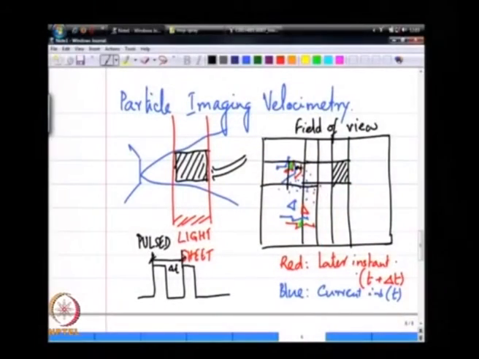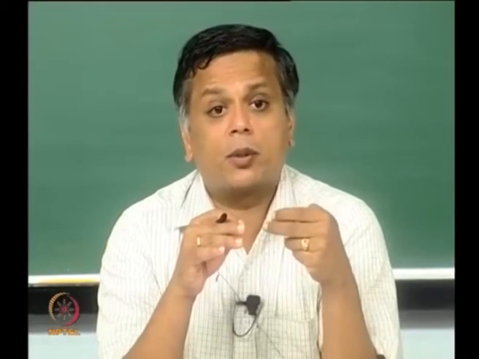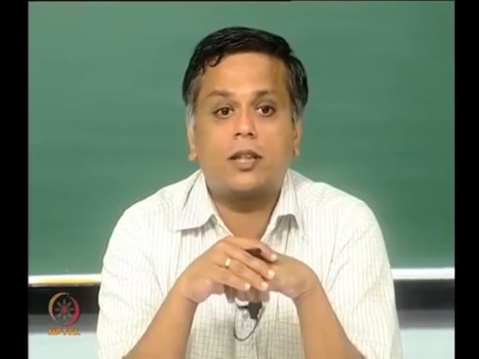So, that gives me essentially this displacement delta x. It is advantageous to pulse the laser sheet and not pulse the camera, because you can get much faster pulse frequencies with a pulsed laser than you can get with the camera.